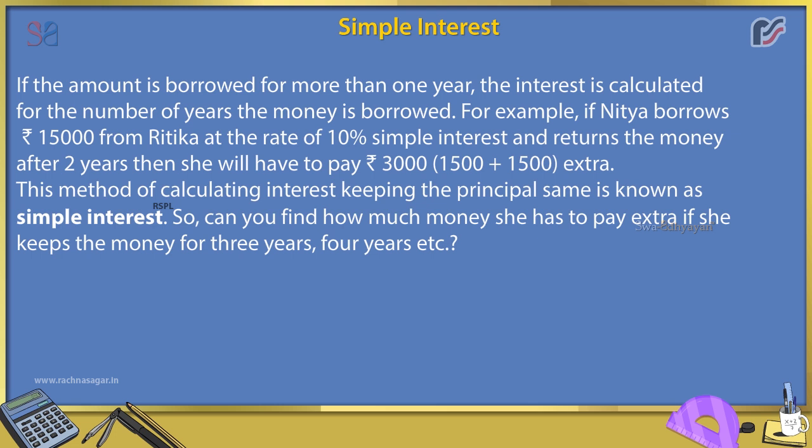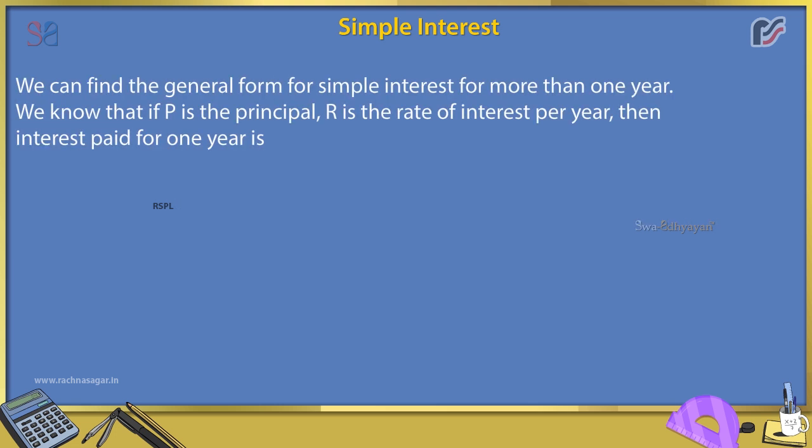So, can you find how much money she has to pay extra if she keeps the money for 3 years, 4 years, etc.? We can find the general form for simple interest for more than 1 year. We know that if P is the principal, R is the rate of interest per year, then interest paid for 1 year is equal to R% of P, which is equal to R multiplied by P by 100.